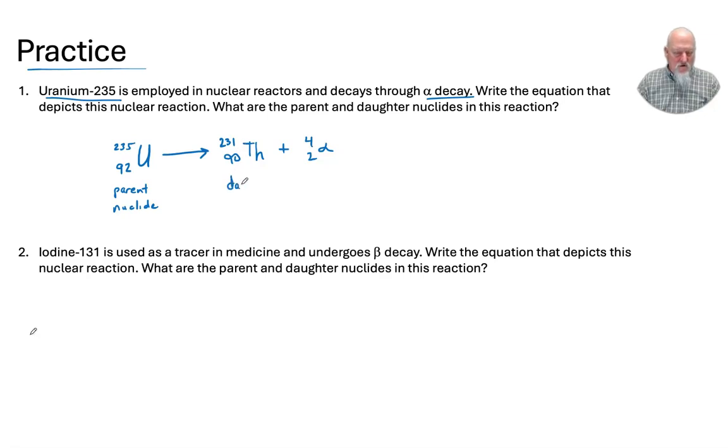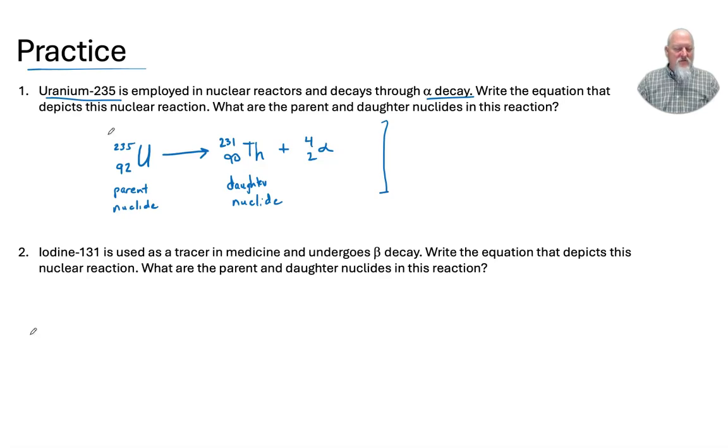Thorium-231 is the daughter nuclide. And actually, thorium-231 is also radioactive, and it goes through an alpha decay process, but we're not going to do that. Okay, but this would be the equation that shows the nuclear reaction of uranium-235 as it goes through an alpha decay process.